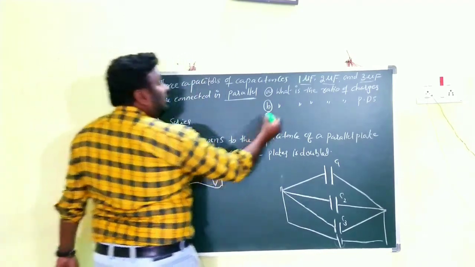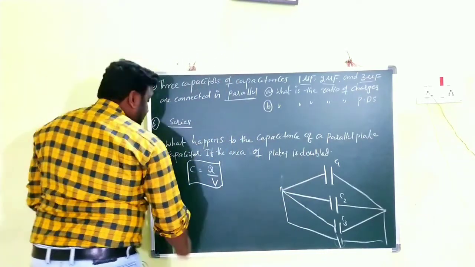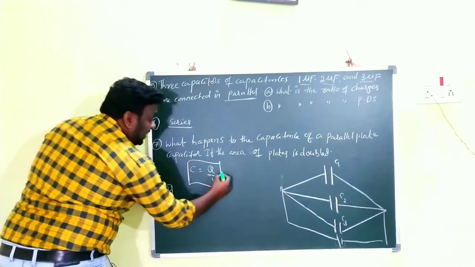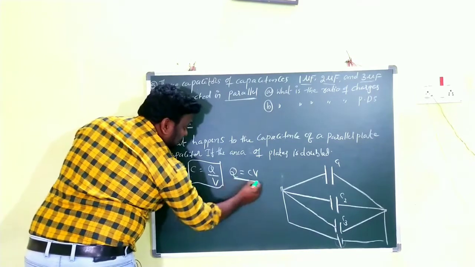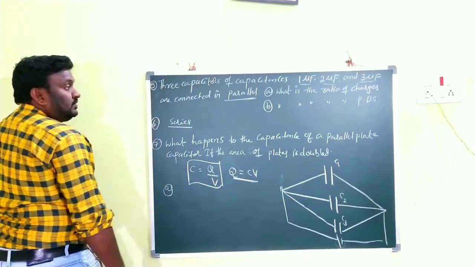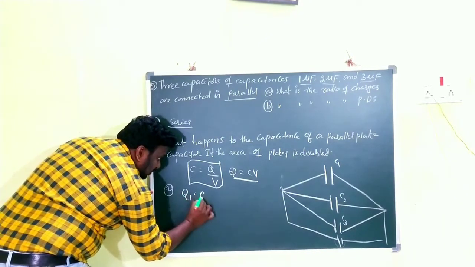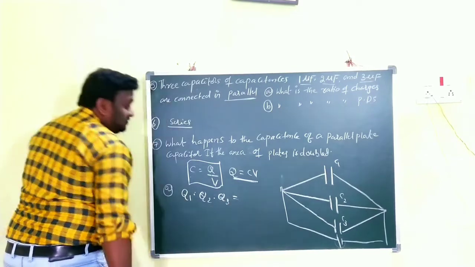So first, what is the ratio of charges? That is the first thing here. C is equal to Q by V. From that, Q is equal to what, children? CV. Q is equal to CV. So for the ratio of charges, I am writing Q1 is to Q2 is to Q3.